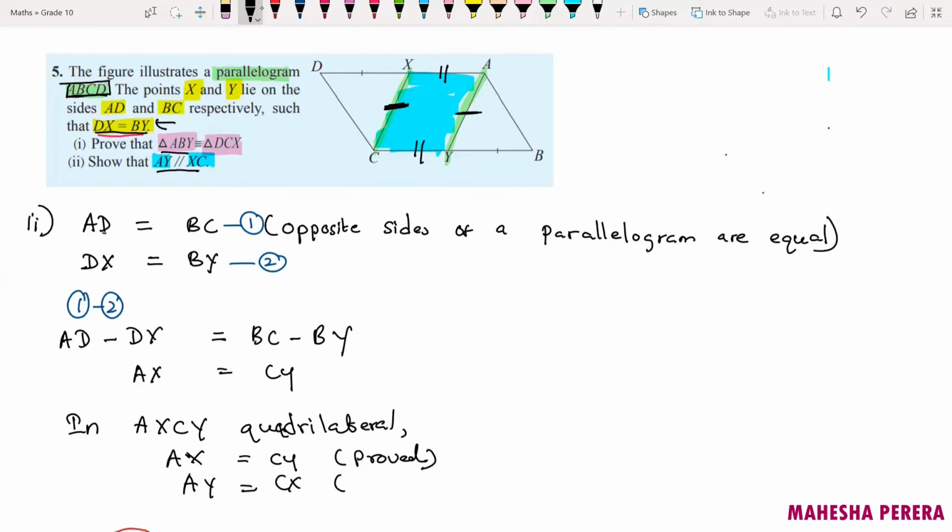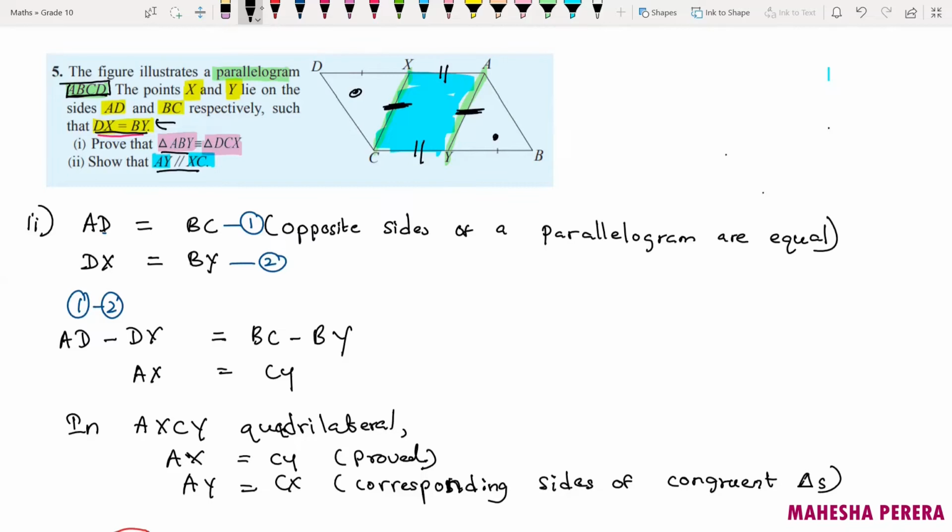Because these two sides are corresponding sides of these two congruent triangles. So let's write corresponding sides of congruent triangles. Okay, so we have proved that the opposite sides of this quadrilateral are equal.